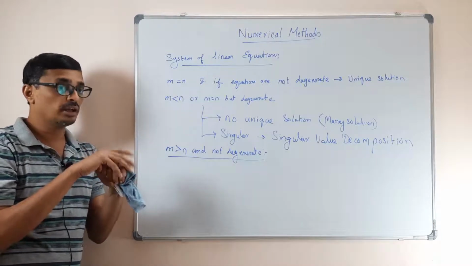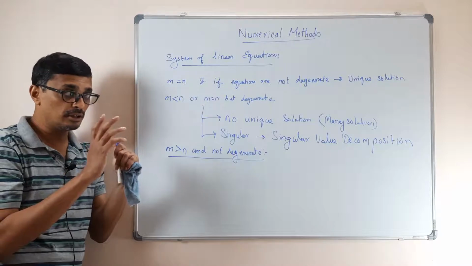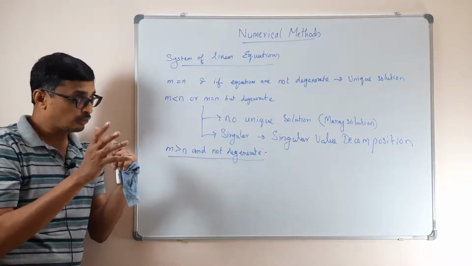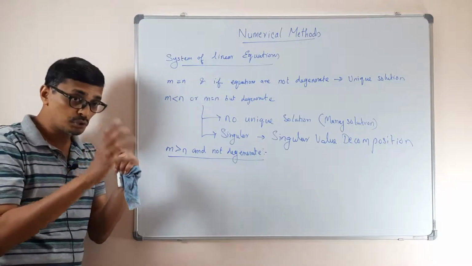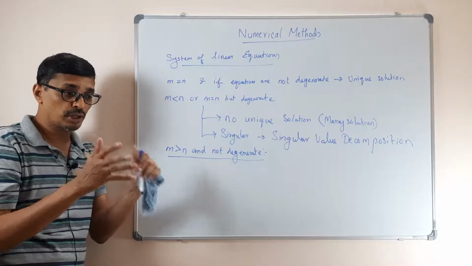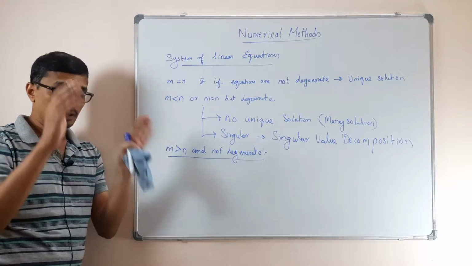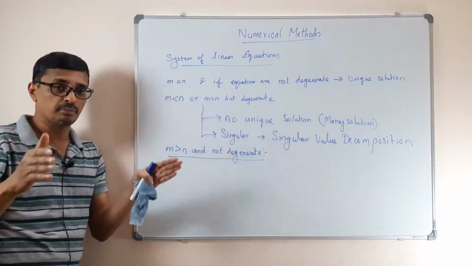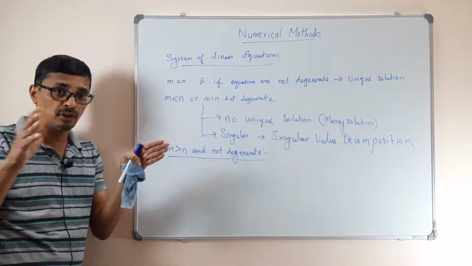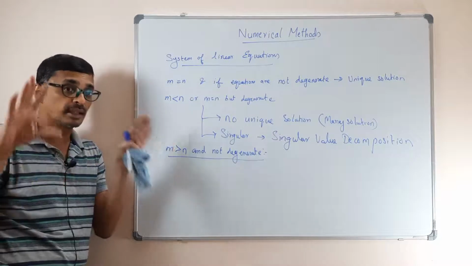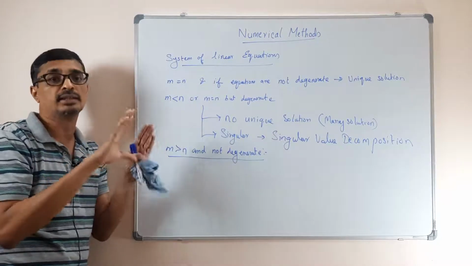This is one of the reasons that when you have a problem, you shouldn't jump into the computer and start writing the program. Take a pen and paper, reduce the equation, and get it into the proper form which the computer is able to solve. That's why I said this machine is stupid, don't think it is intelligent.